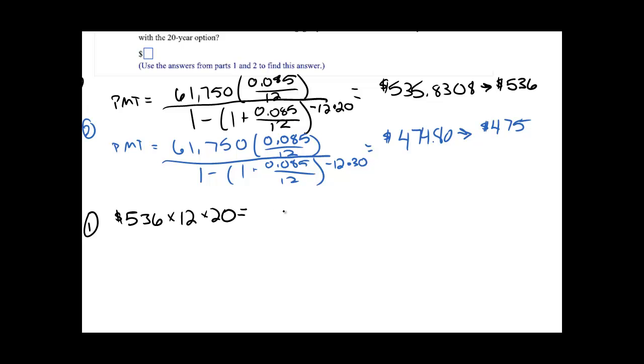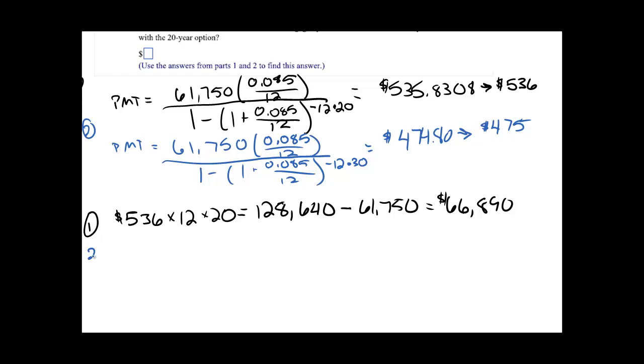This gives us $128,640. However, we also need to take out the price of the loan because we're just trying to find the interest. So minus $61,750, and that gives us $66,890 in interest with scenario 1.